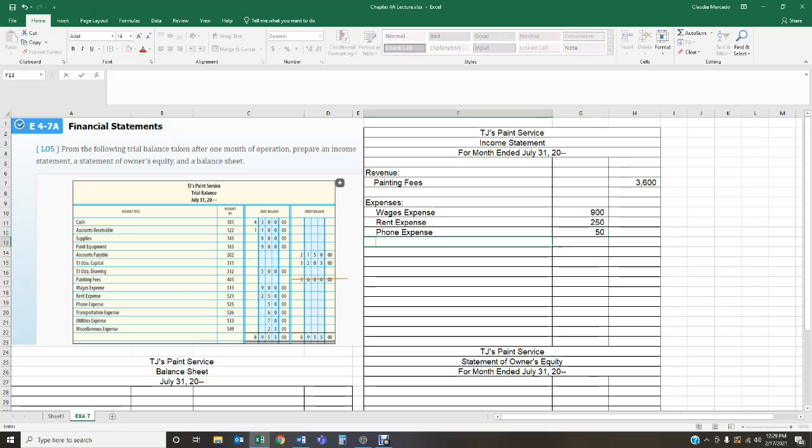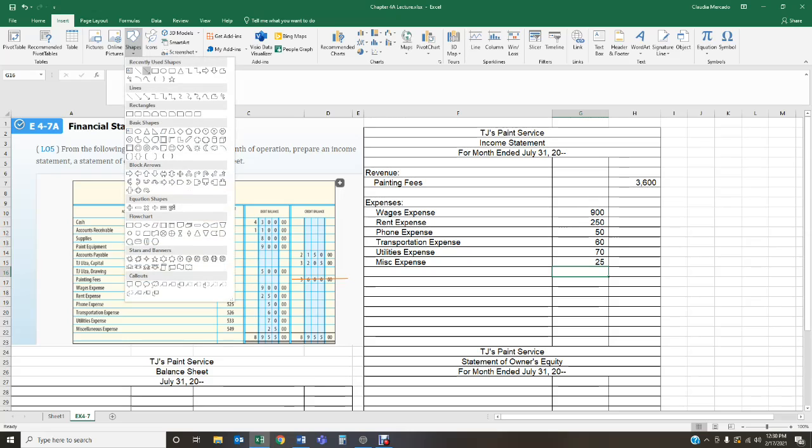Then I have transportation expense of $60. And then we have utilities expense of $70. And then we have miscellaneous expense of $25. Okay, so these are all of my expense accounts.